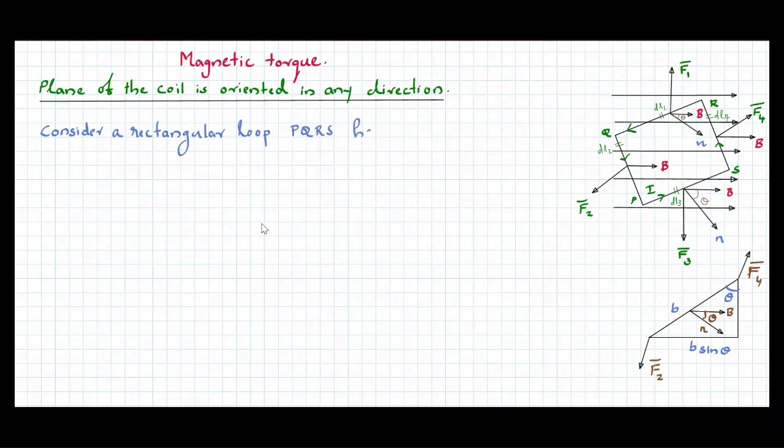Now consider the second case. What happens when the plane of the coil is oriented in any direction?